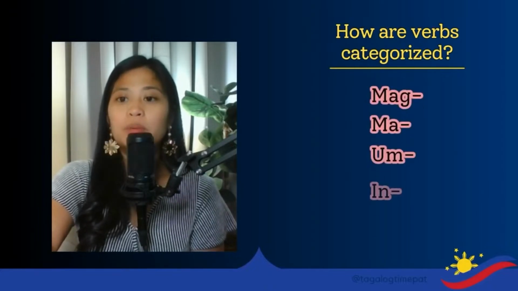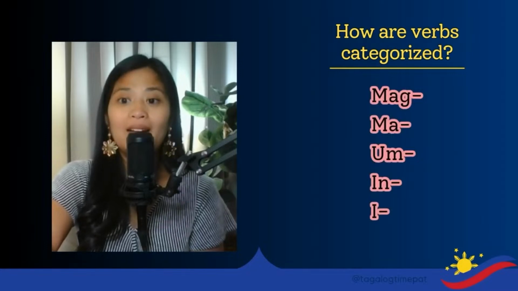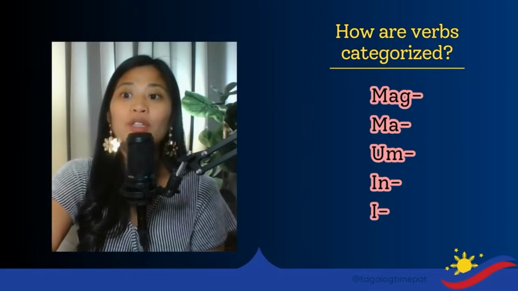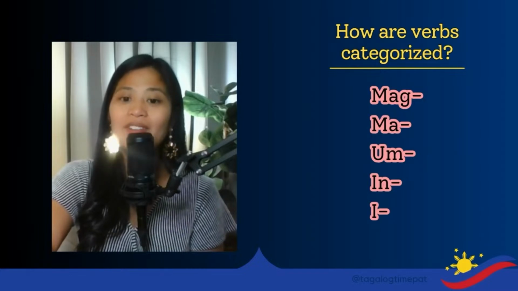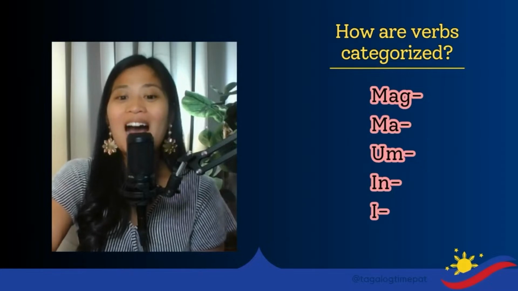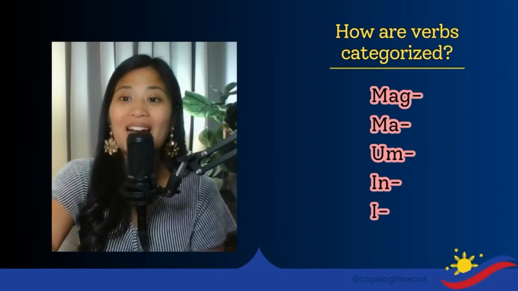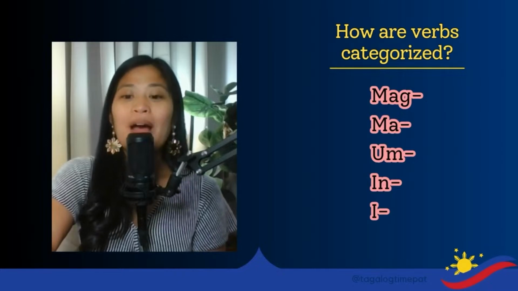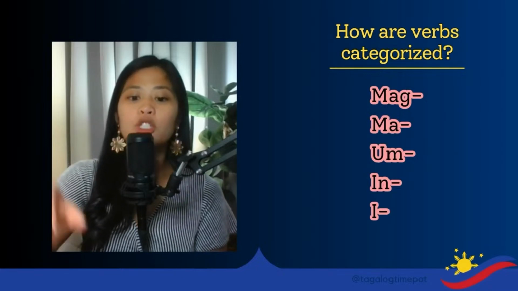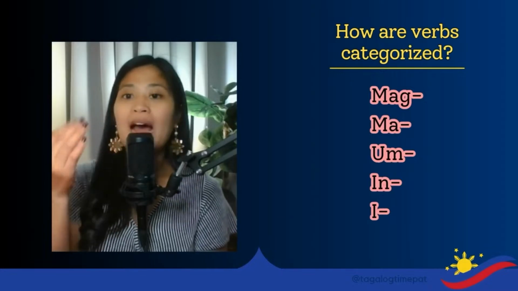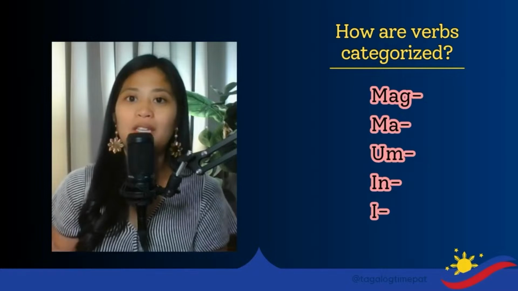Why are some verbs mag, some are ma, some are um, some are i? I've looked it up, and honestly, I have not found a consistent answer for that question. I think it goes back to baybayin, the ancient Philippine script. Back in the day, all of these verbs were just organized into these categories, and it was passed down throughout the years.